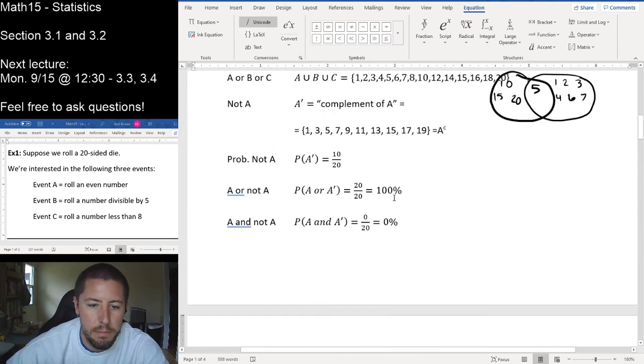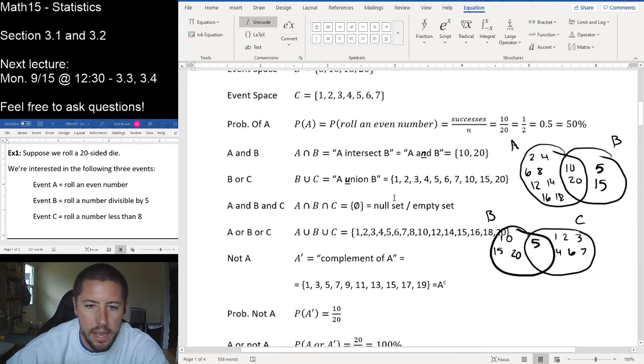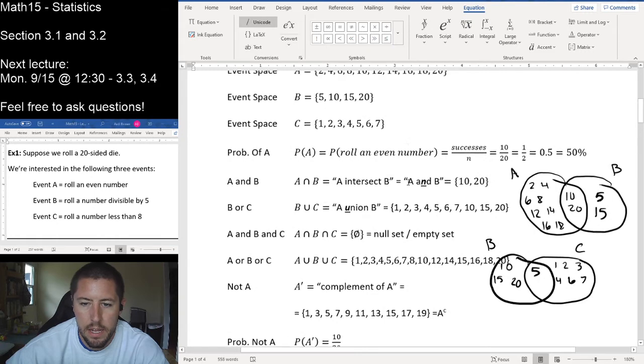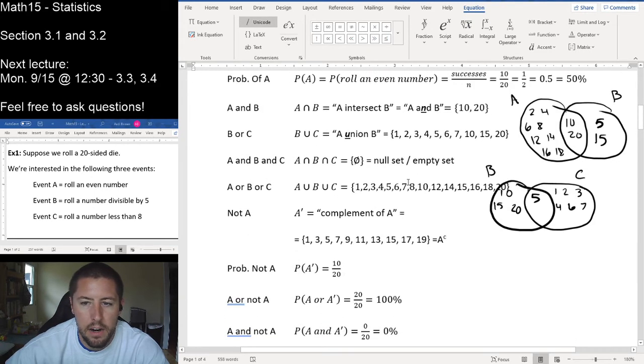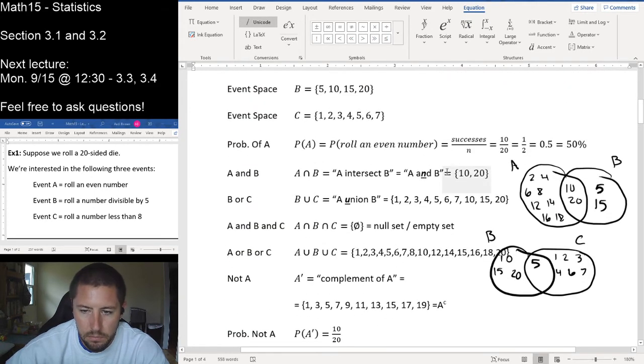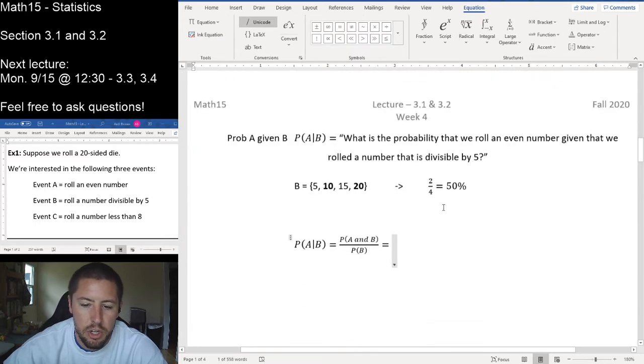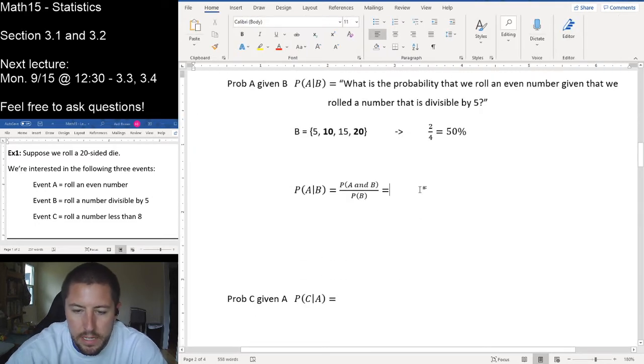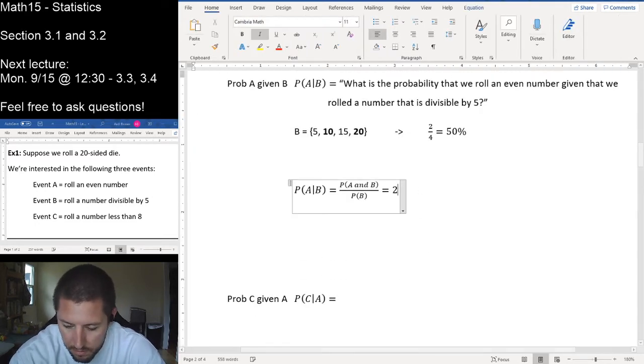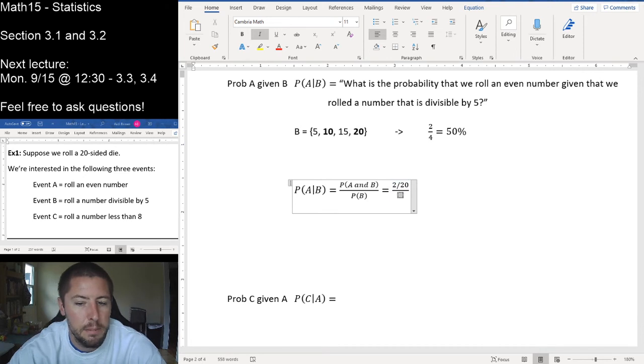Didn't we even do this one up here? Probability of A and B. What are all the things that are in A and B? We can see here that we previously discussed that there were 2 objects in A and B. So this should be a 2 out of 20 for the top. So this is a 2 out of 20 is the probability that we're experiencing up top.